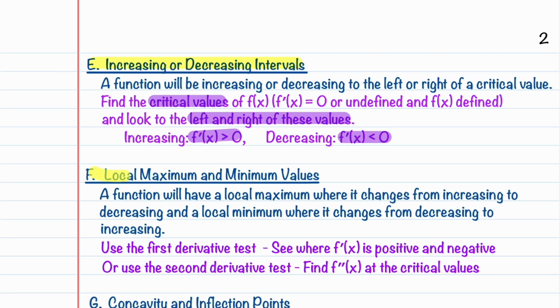To find the local maximum and minimum values, you can use the first derivative test or the second derivative test. With the first derivative test, you're going to see where f prime changes sign. And with the second derivative test, you're going to find f double prime at the critical values.